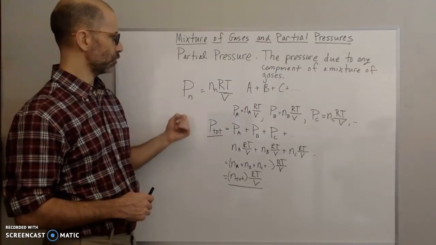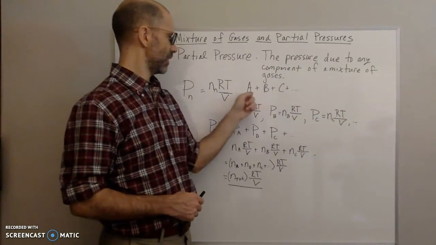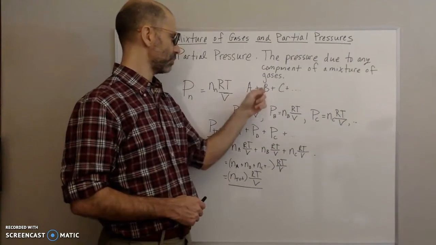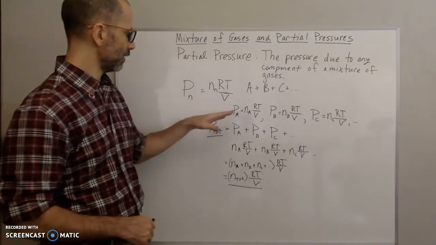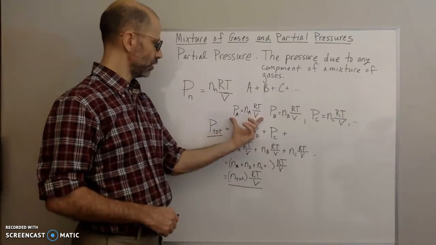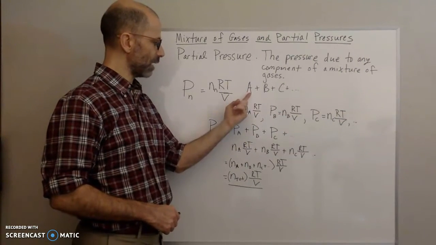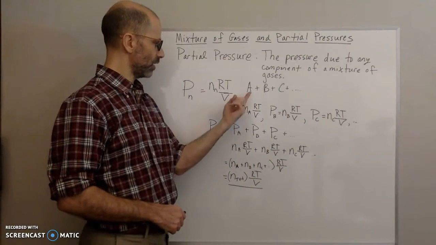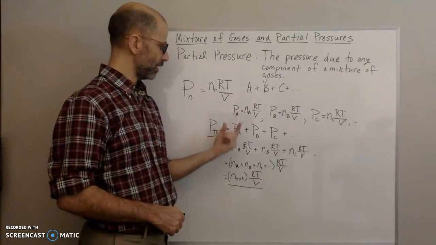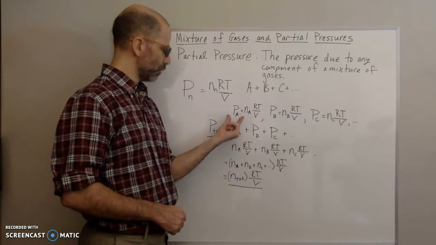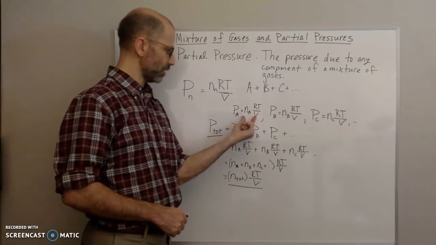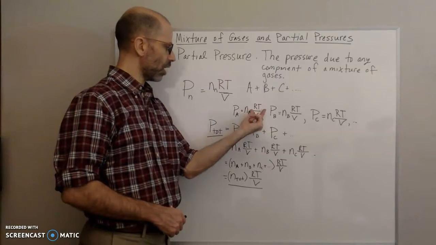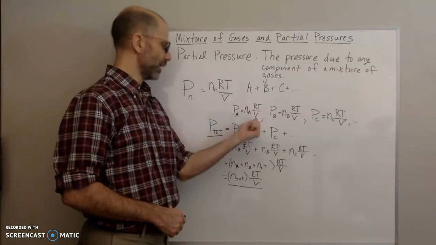Here's an example. If I have a mixture of gases, gas A plus gas B plus gas C and so on, then I can figure out the partial pressure, or the pressure due to a component like A. The pressure of A equals the moles of A multiplied by R, and the temperature and the volume.